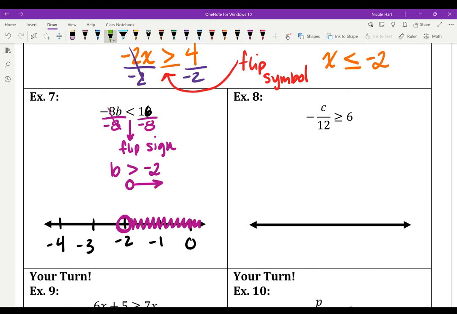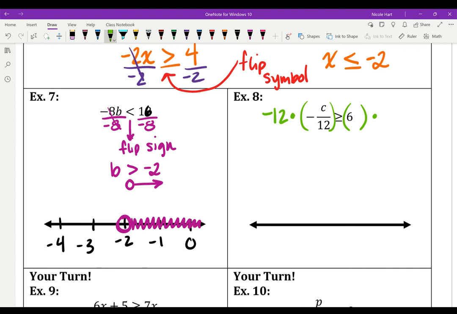Looking at example 8, here I am going to have to get rid of that 12 in the bottom. And if you need to do this in 2 steps, if you need to multiply by 12 and then get rid of the negative in a separate step, you can. We're going to practice trying to not do that and doing it all in one step. So I'm going to take both sides and multiply by negative 12.